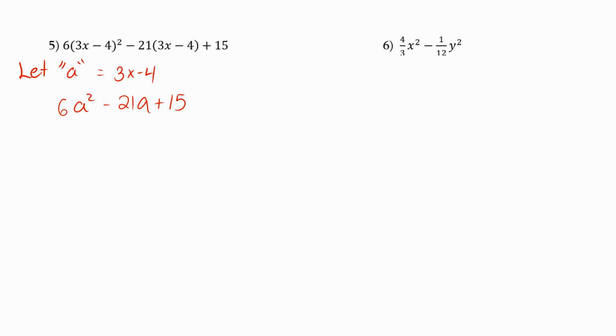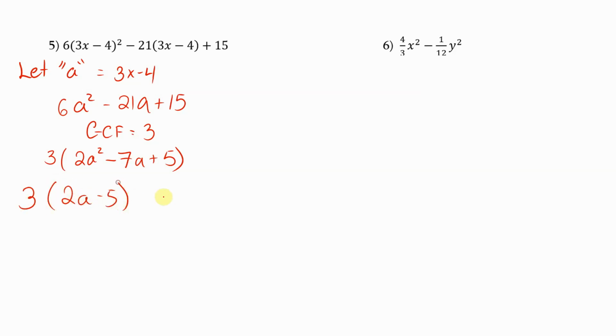And if you notice, this looks very similar to the other ones. We can also remove a GCF of 3, and that will get us 2a squared minus 7a plus 5. And we can factor this as normal, which will give us 3, 2a minus 5, and a minus 1 as our factors.